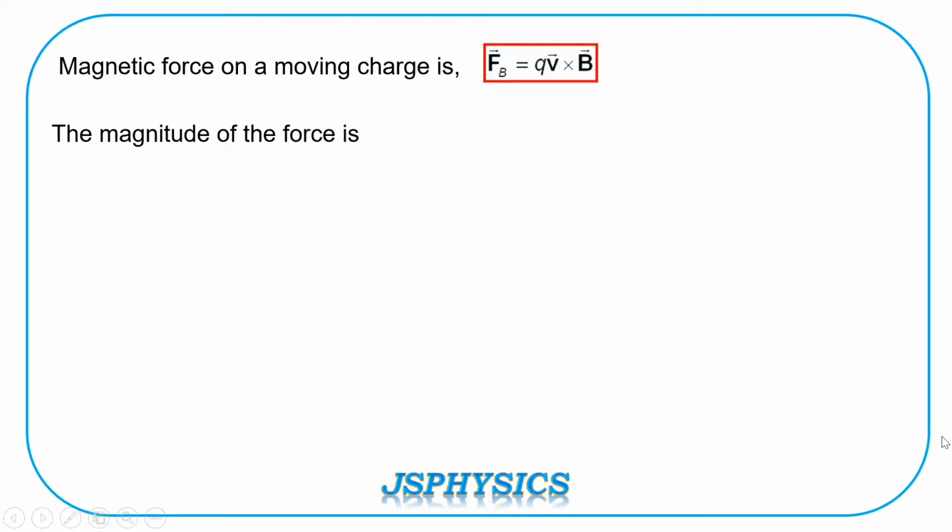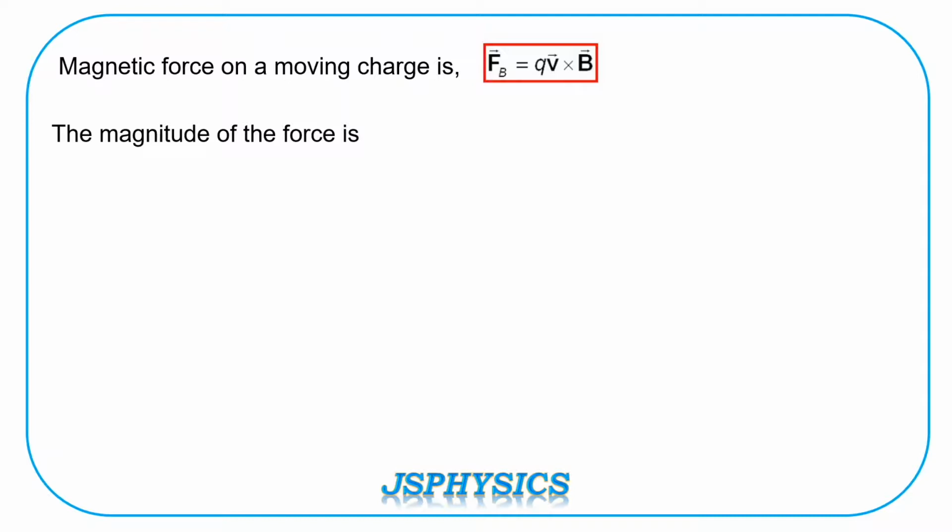If we write the magnitude of this force, we are familiar with the cross product of two vectors A cross B. The magnitude of a cross product is given by the product of the magnitude of each vector and the sine of the smaller angle between them. So it becomes AB sine theta.